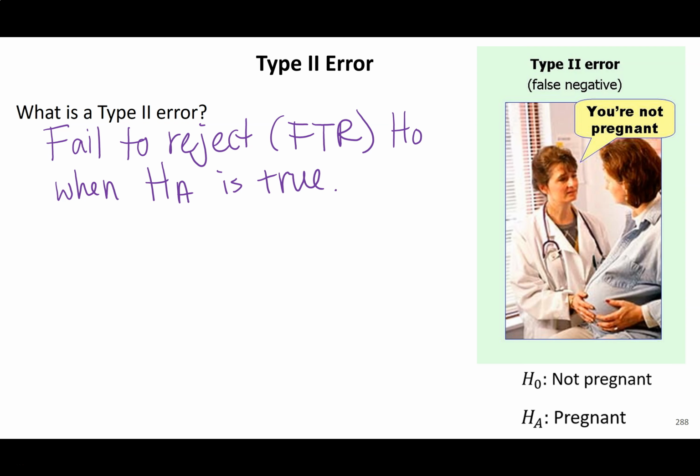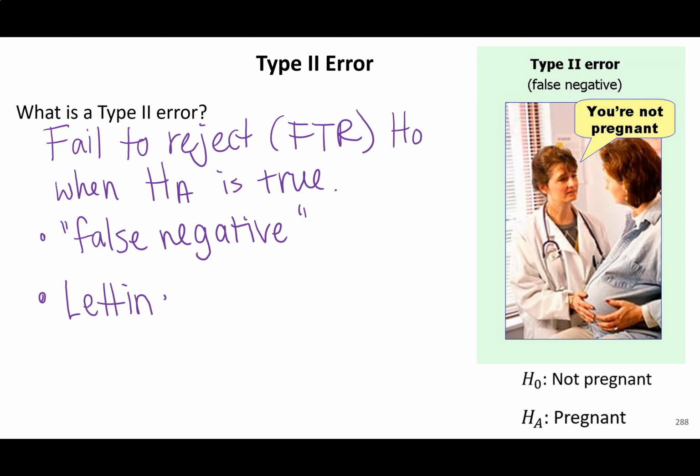Just know that it's something that's always a possibility. So this would be a false negative. So this would be, in the court case, let a guilty person go free.